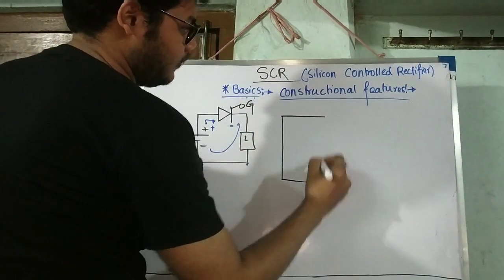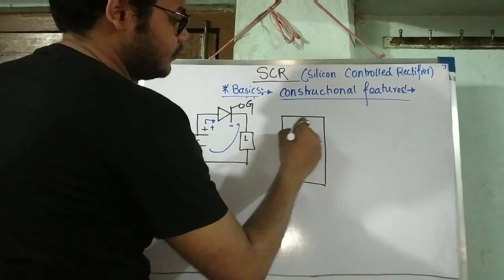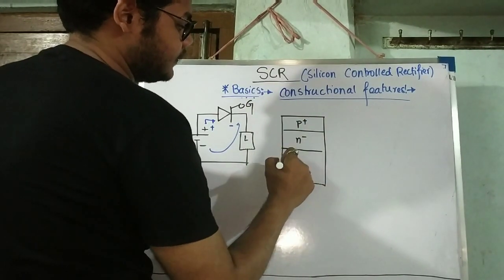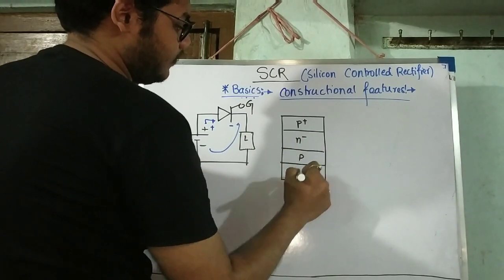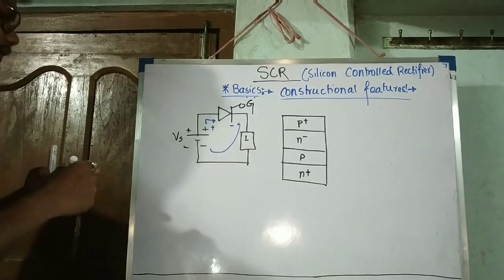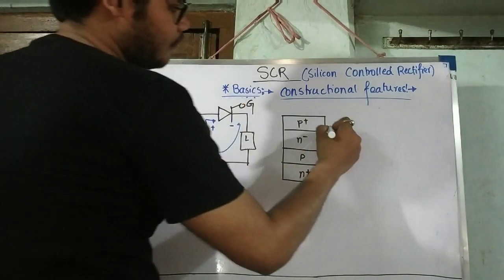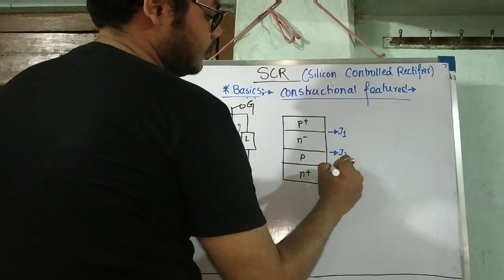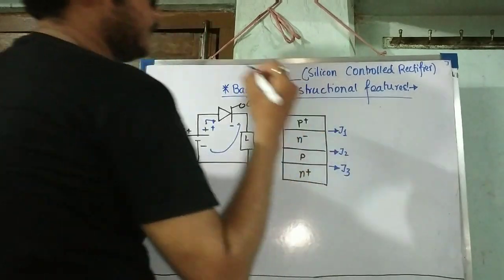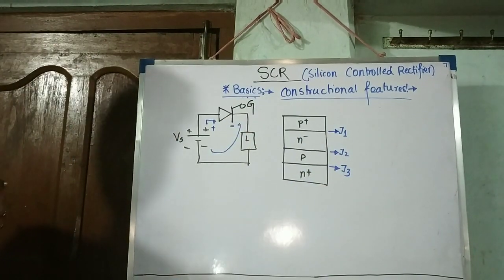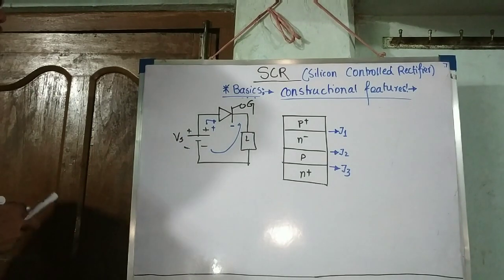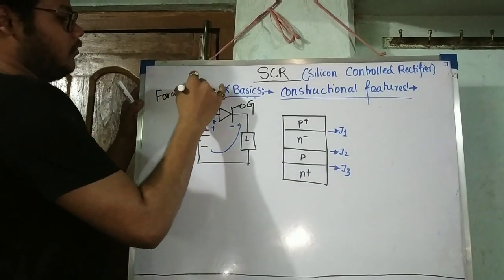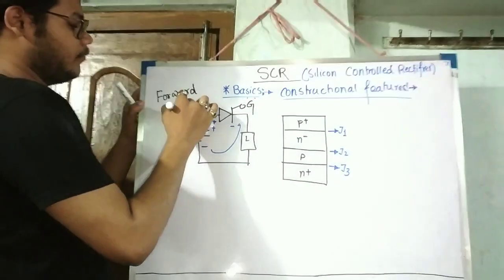See, suppose these are your PN junctions, and this is your junction J1, junction J2, junction J3. Okay. Now this is the forward blocking state.